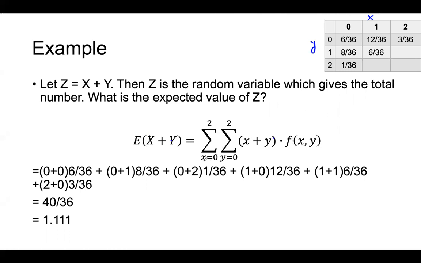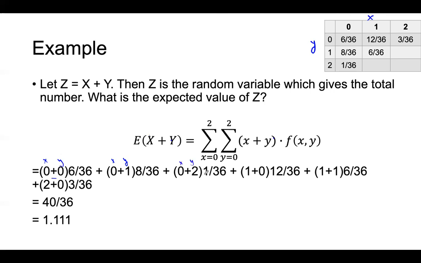So we first hold X to be 0, and then Y is 0. So that would be 6 over 36. Next one is, this is our X and this is our Y. And Y now moves up to 1 here. So that would be 8 over 36.